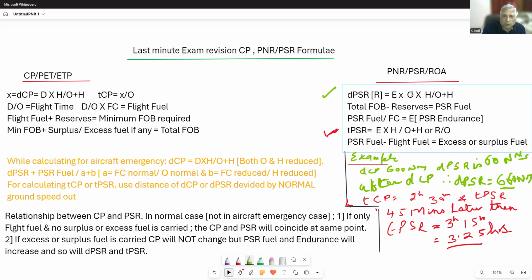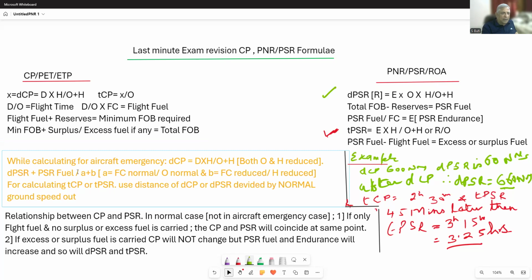E into O into H over O plus H is the distance. EH over O plus H is the time, or R divided by O. While calculating for the emergency case, for the critical point, we use both O and H values reduced.